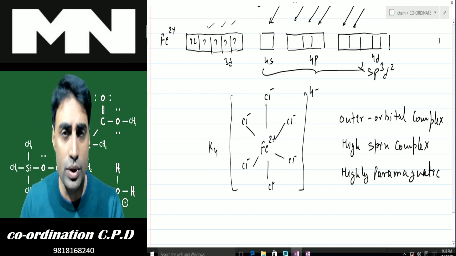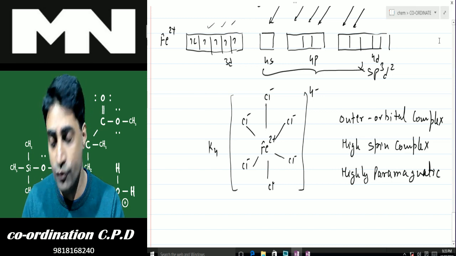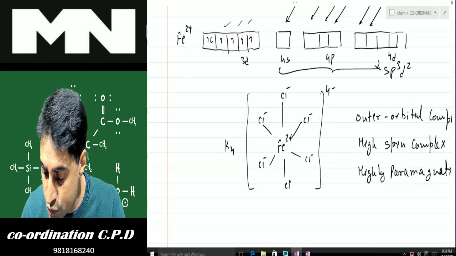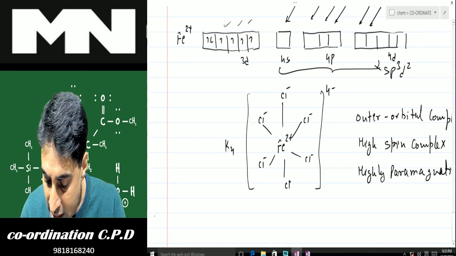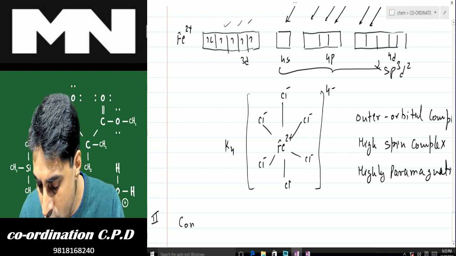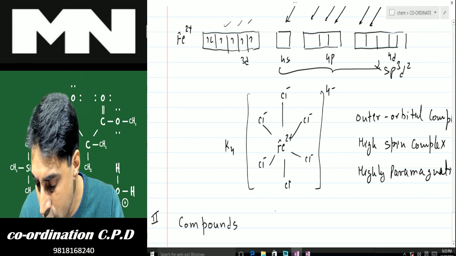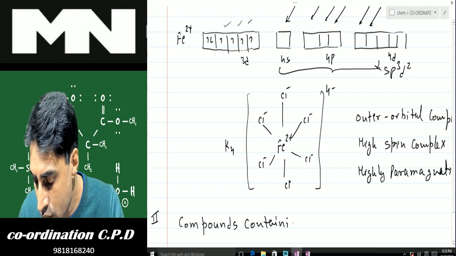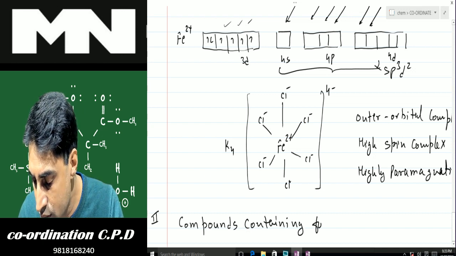Today we'll see coordination compounds containing 4 ligands. So in today's class, first we'll start with hybridization in compounds containing 4 ligands.